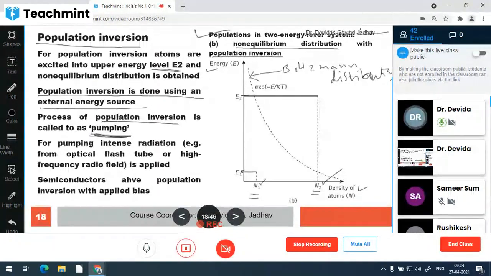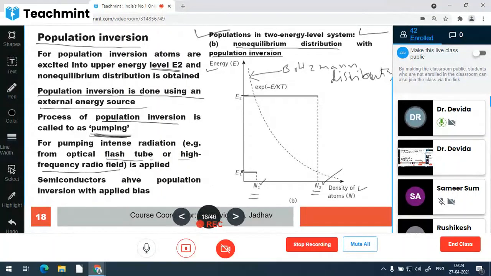So it is pumping of energy. Which type of energy? For pumping, intense radiation, for example, an optical flash tube or a high frequency radio field can be applied.